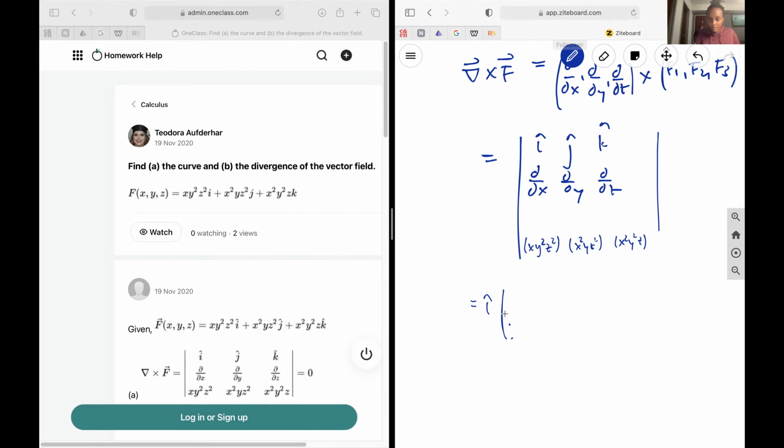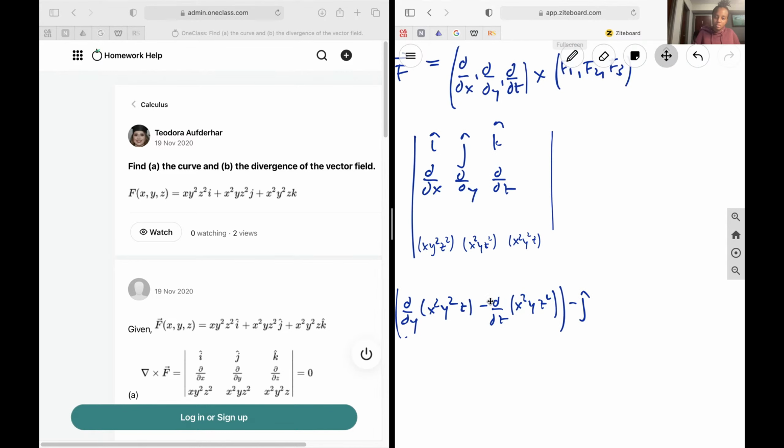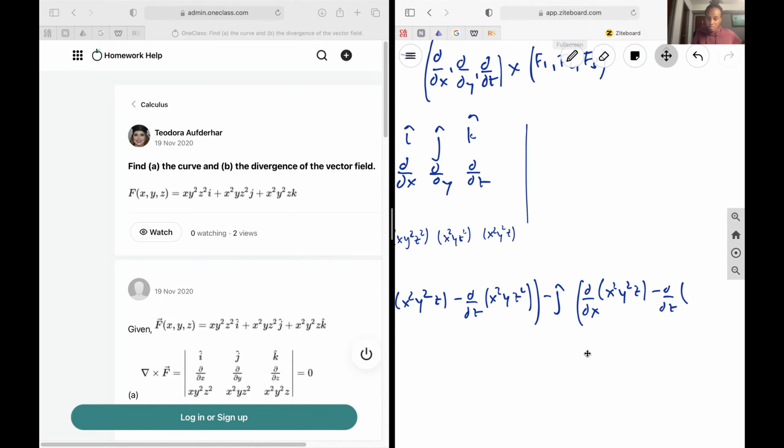And so it is going to be d over dy of x squared y squared z minus d over dz of x squared y z squared. Okay, minus, in my j component, I will have this minus this. And so I have d over dx of x squared y squared z minus d over dz of x y squared z squared.